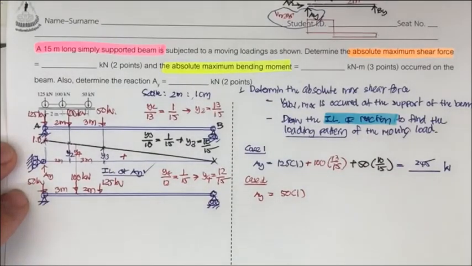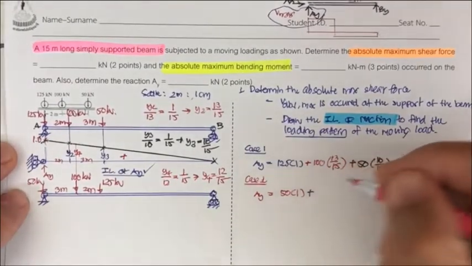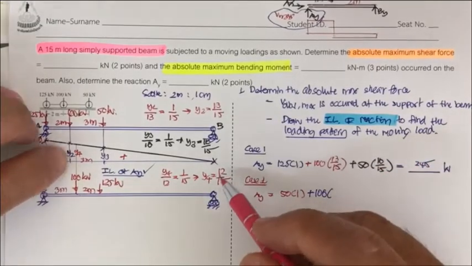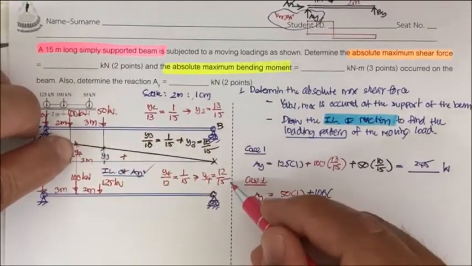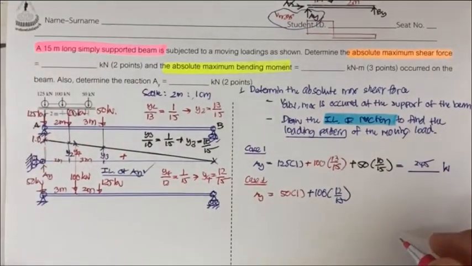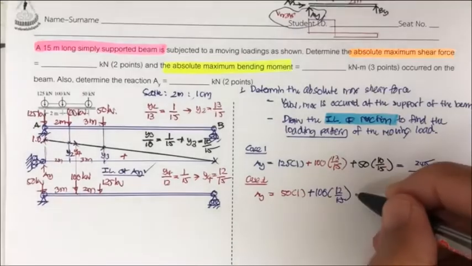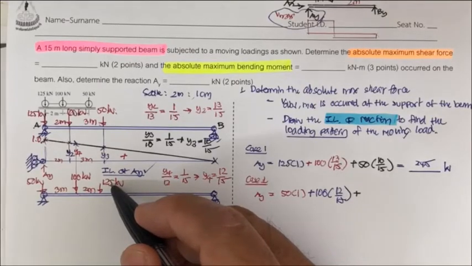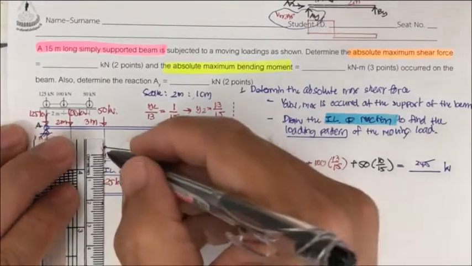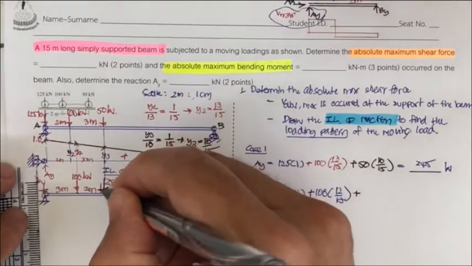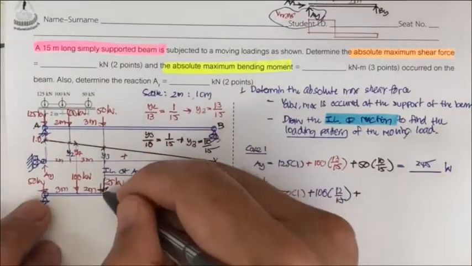Okay, next one. We go to plus. This time it's 100, and then the coordinate here is 12 over 15. Okay, and the last one, you got this one for 125. This one is 125, and actually it's supposed to be the same here because it's 5 meter.